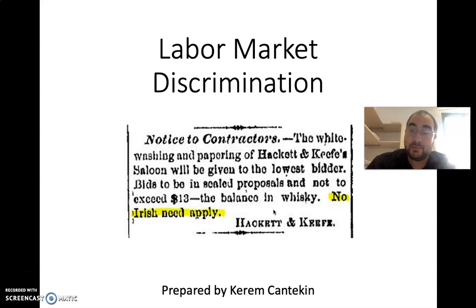There can be some confusion on it, but the economic definition of discrimination is different treatment of two people by certain economic agents because of characteristics that are not related to productivity.